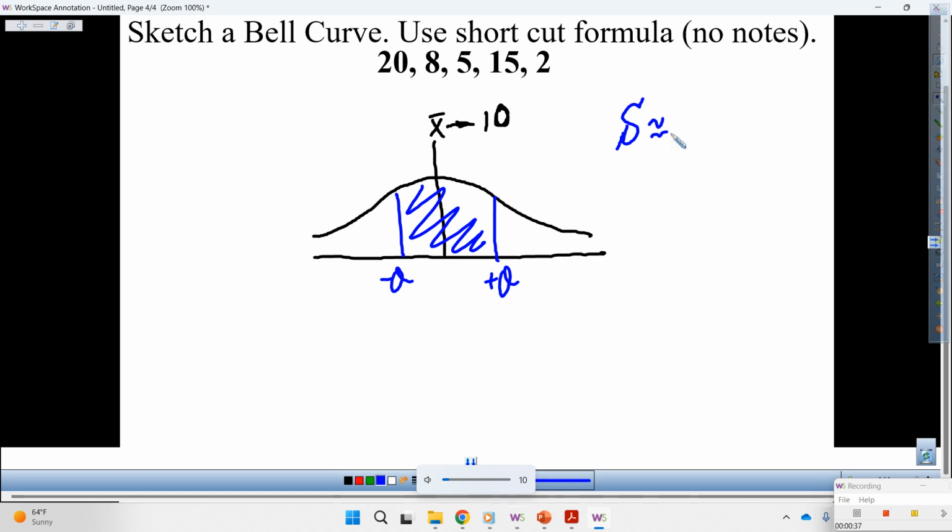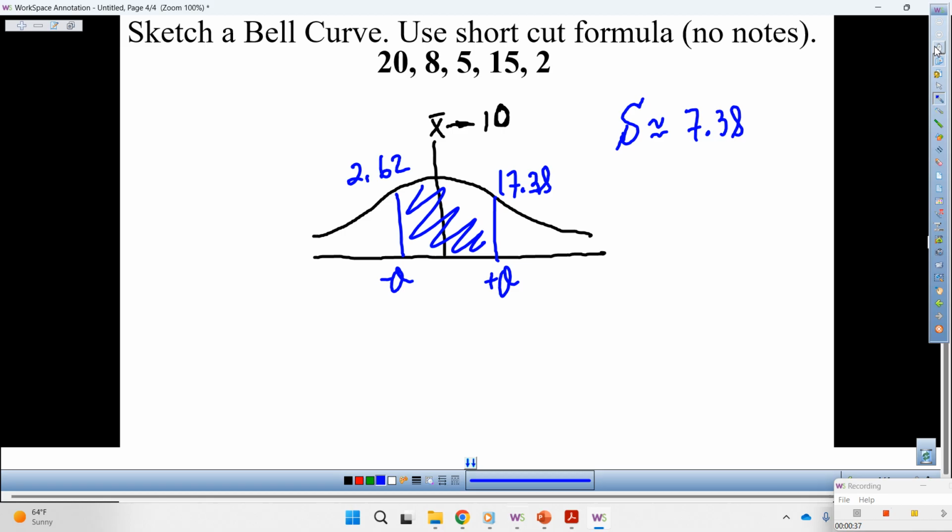They said 7.38. Hands, have you got that? Looks about right. So we are at 17.38 and 2.62. Yes? All right. So, not bad.